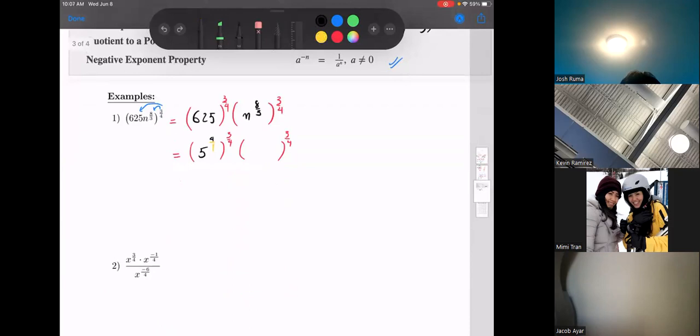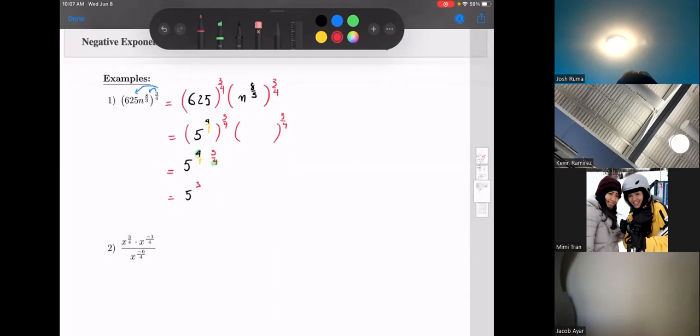So 5, oh God, it's really challenging keeping up with the color coding. Times 3 over 4, which is equal to, this one cancels, so 5 to the 3rd over 1. 5 to the 3rd is 125, right? Okay, so that's one.